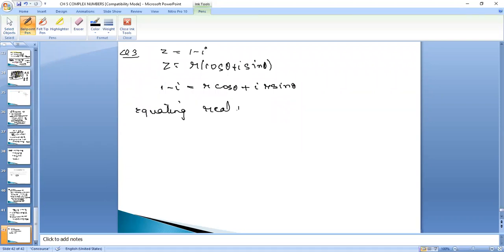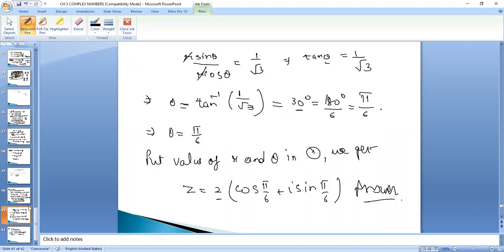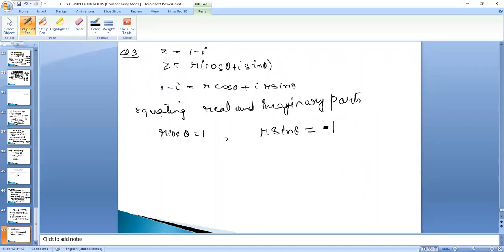Equating. This question will be a bit different because cos theta is positive and sin theta is negative, and we will be checking in which quadrant theta lies, right? In the previous question, cos theta and sin theta both were positive. Positive means the first quadrant only. So we will discuss how to find the quadrants also.